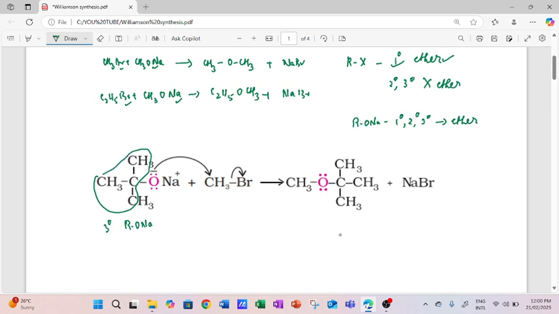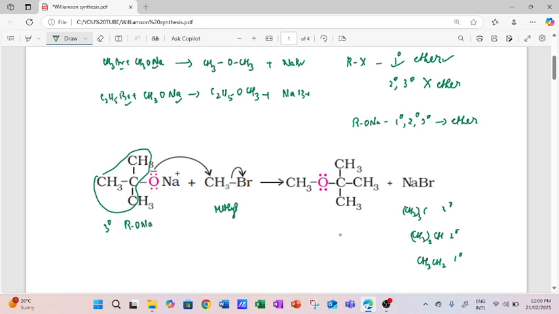We know that (CH3)3C is tertiary, (CH3)2CH is secondary and CH3CH2 is primary. This is how we identify primary, secondary and tertiary alkyl halides. Here the sodium alkoxide has a tertiary group and CH3Br is just methyl bromide, not even primary.